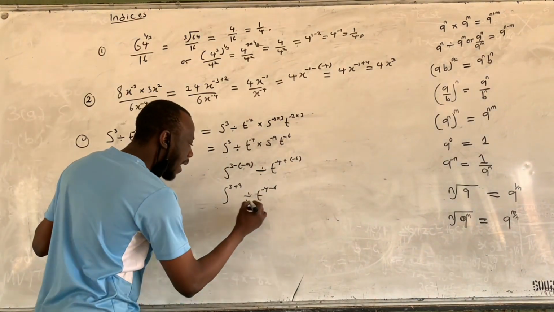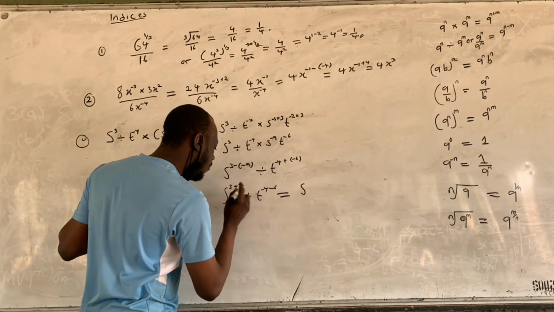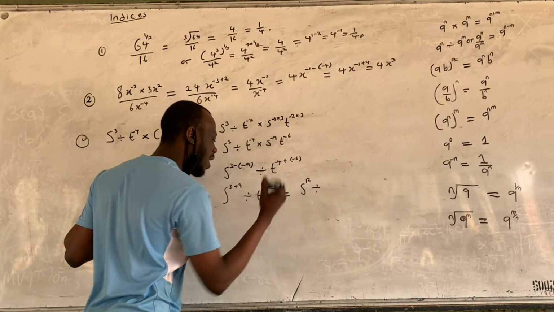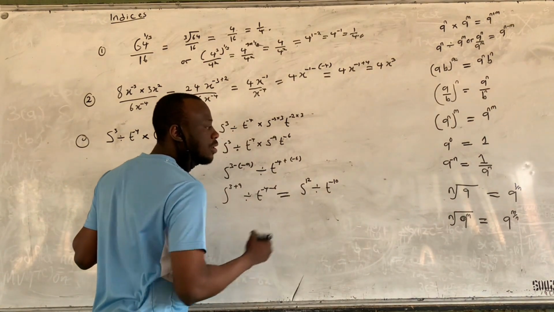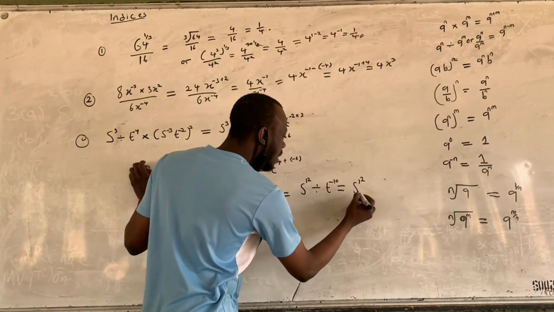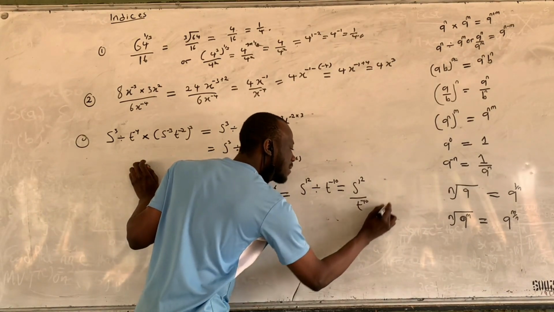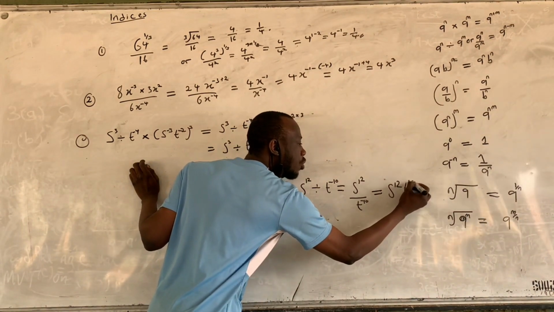So this becomes s to the power of 3 plus 9, which is 12, divided by t to the power of minus 10. This can still come up and become s to the power of 12, t to the power of 10.